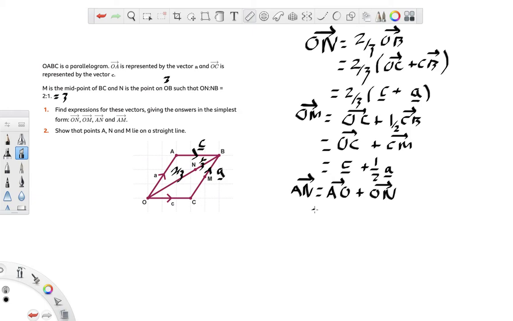Well, we know that O to A is the vector A, so going in reverse is minus A. So A to O will be minus A.